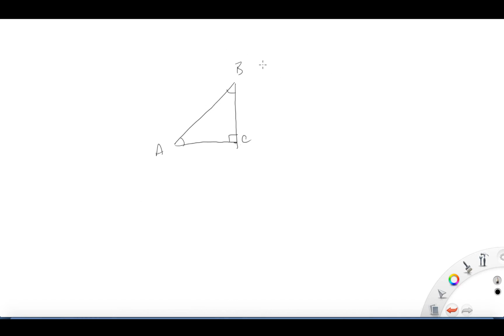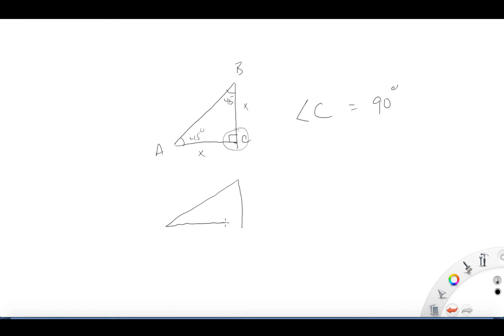If I want to say tell me what angle C is, well, angle C is equal to 90 degrees. How do I know that? Because of that little box. And if this leg and this leg are the exact same, I know that these two would be 45 degree angles. Now in the one in your textbook, it looks more like this.